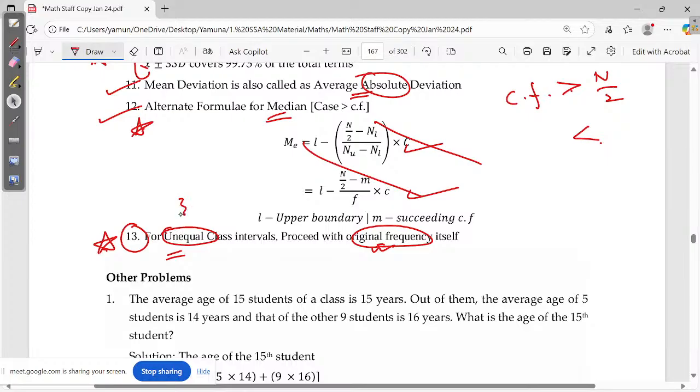When unequal class interval is given, what do you do? I'm not talking about class limits or class boundaries. I'm talking about frequency. Class boundaries are given but are unequal. That's for median, only for median we'll talk about. Only for positional average we'll talk about cumulative frequency.